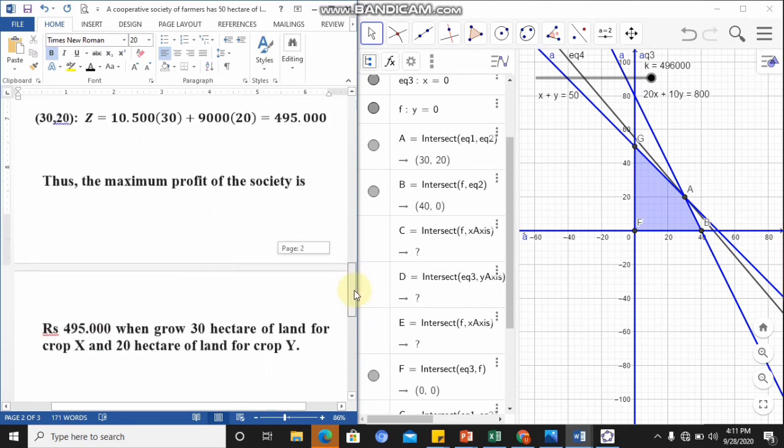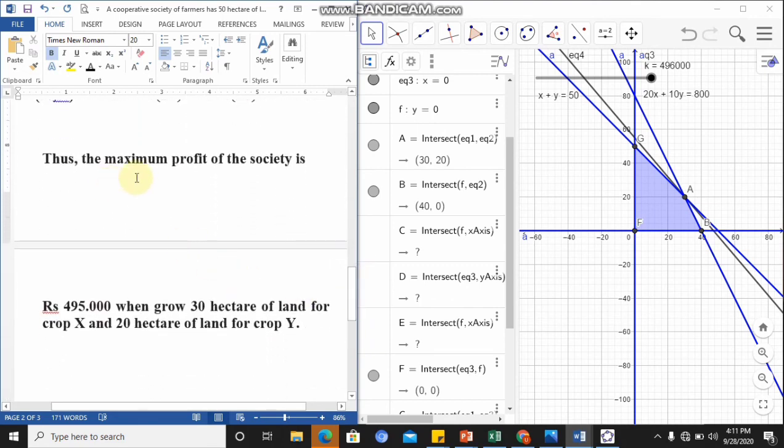Okay, the conclusion: thus the maximum profit of the society is Rs 495,000 when growing 30 hectares of land for crop X and 20 hectares of land for crop Y.